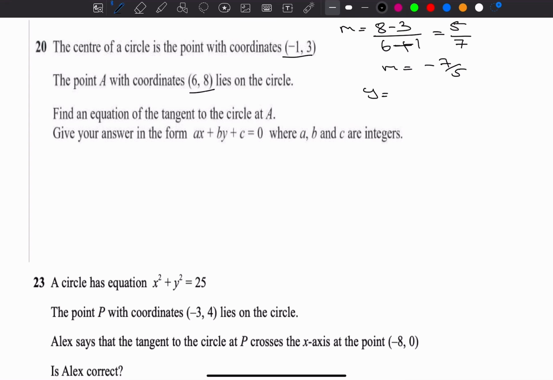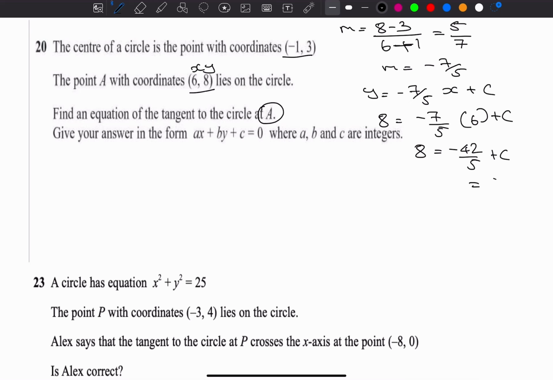So y equals minus 7 over 5x plus c. Which coordinate do they want it to go through? They want x and y at point A: 8 equals minus 7 over 5 times 6 plus c. 8 equals minus 42 over 5 plus c. C is 8 add 42 over 5, which works out to be 82 over 5.